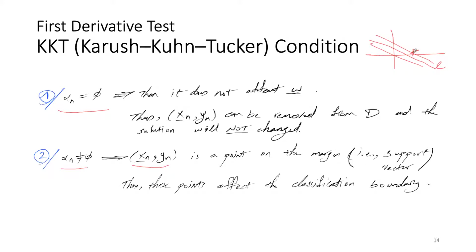In case 2 it's going to be this point, and in case 1 it could have been this point. So this is a support vector, because changing it will affect the classification boundary, right? This is the outcome we can find from solving the dual problem and finding the alphas.